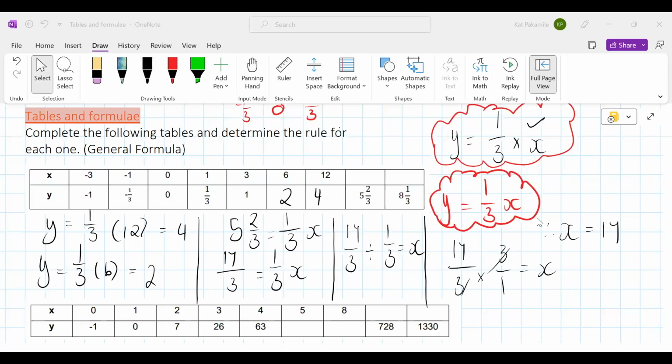I'm still getting 10. Okay, I'm not sure how you're getting 10 because you're supposed to get 17. Do you understand my method that I did here? I used the same one, ma'am. Okay, but what's 5 times 3 plus 2? 3 times 5 is 15 plus 2 is 17 over 3, right?